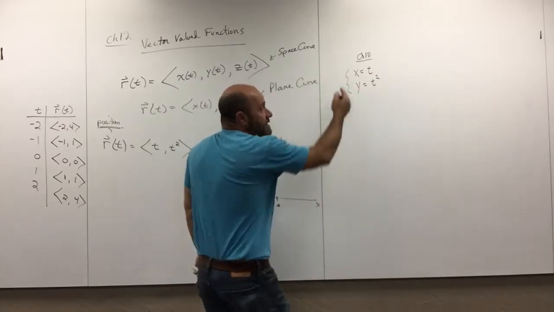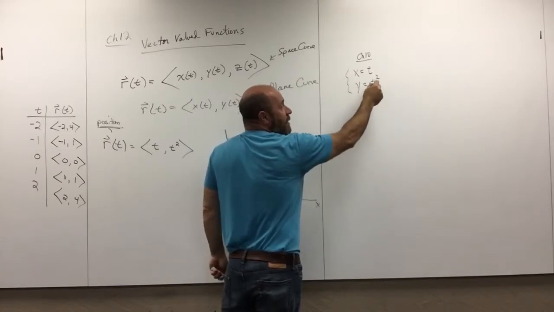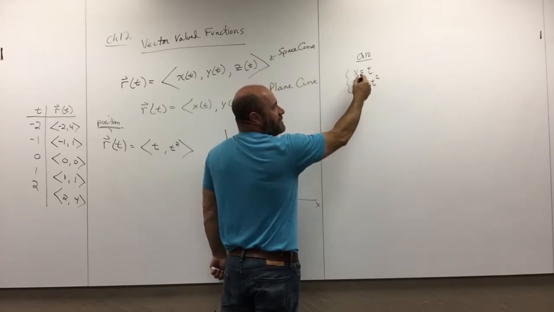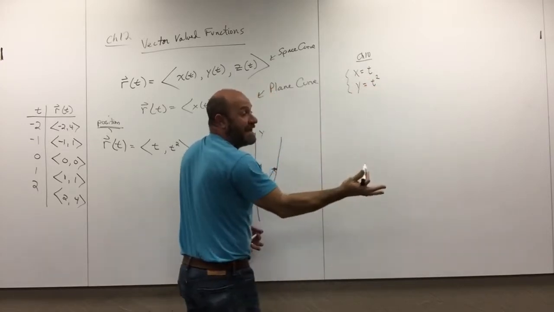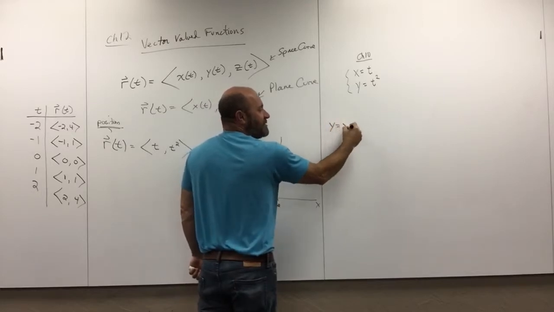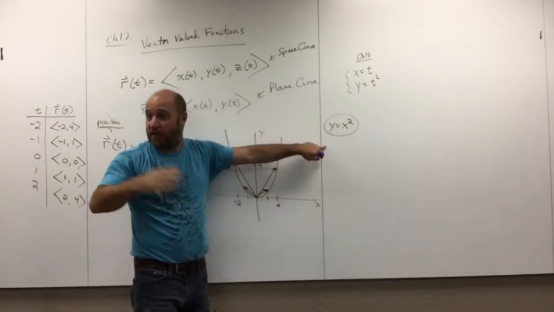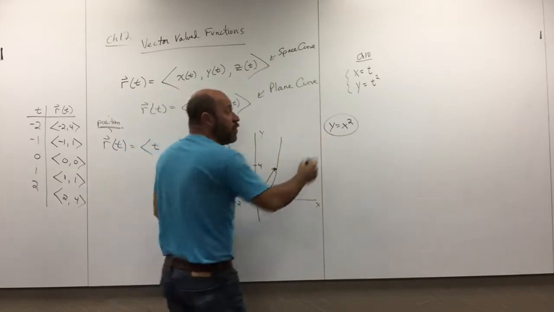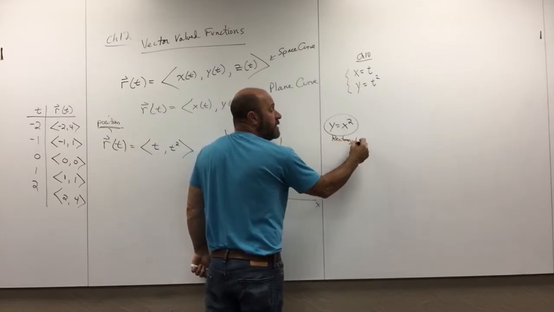By the way, what you might see here very clearly is that if x is t and y is t squared, if you substitute this x down here for this t, what is the relationship between y and x? y equals x squared. By the way, this is the way we talked before chapter 10 and before chapter 12. This is what we call a good old rectangular equation in rectangular coordinates.